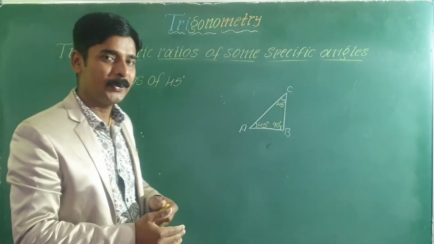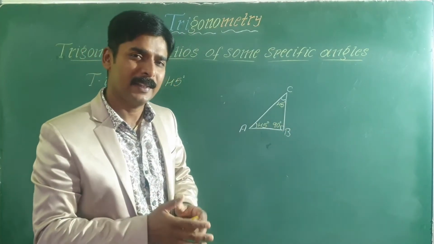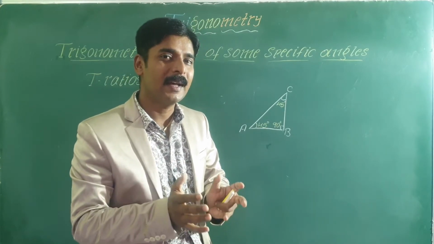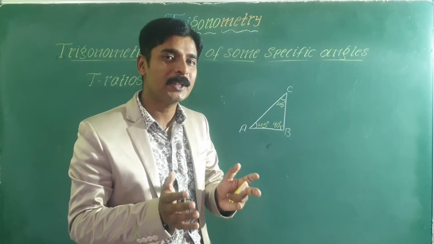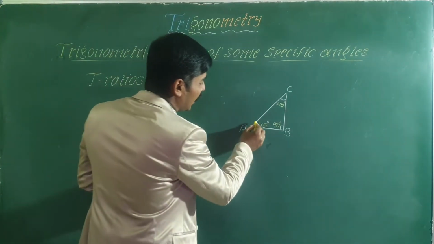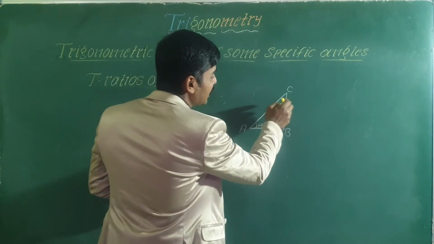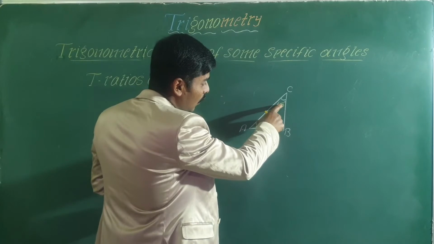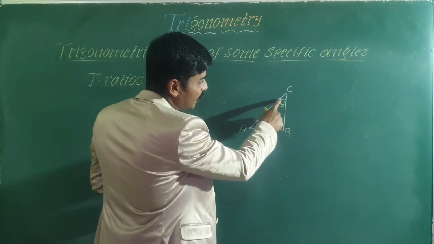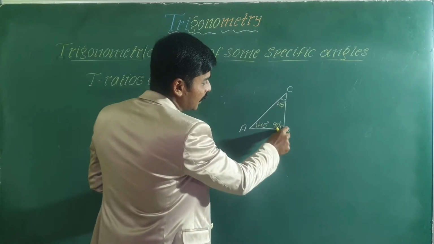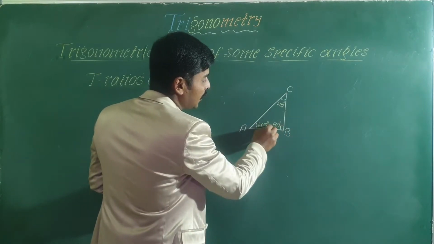Now you know in any triangle, if two sides are equal, then the angles which are opposite to equal sides are equal. In this case you see angle A and angle C are equal. Then the sides which are opposite to equal angles, for 45 degree this is the opposite side, so these two sides must be equal.